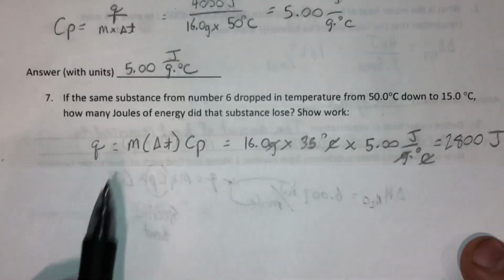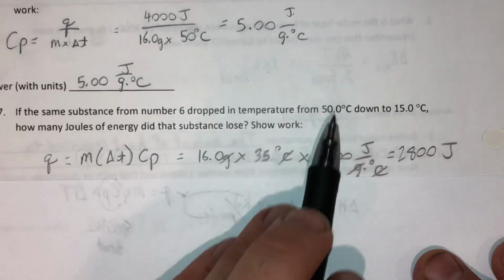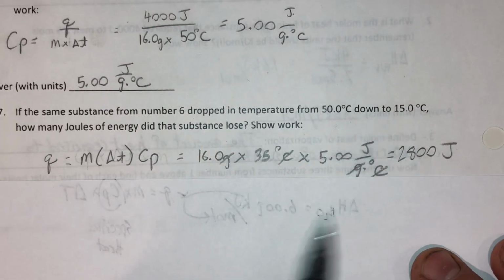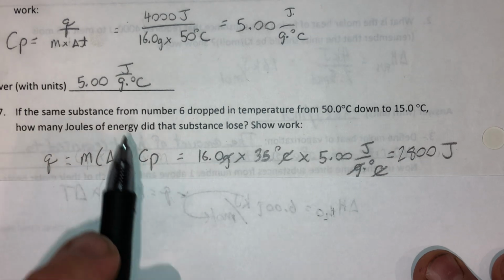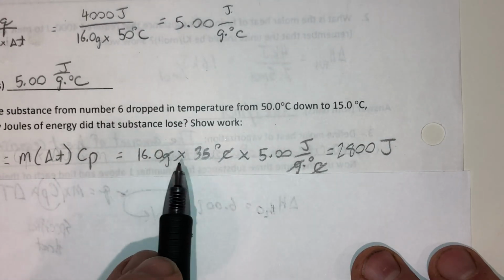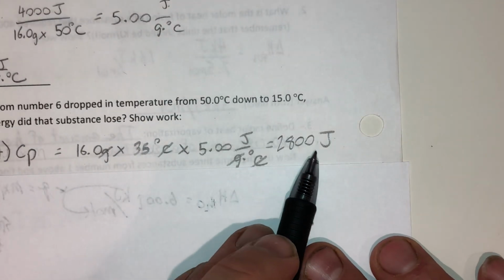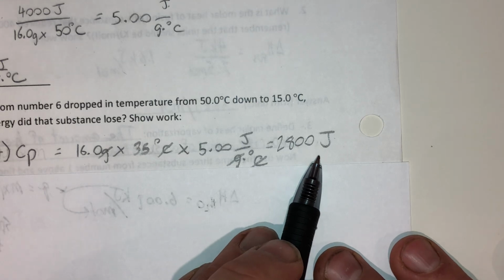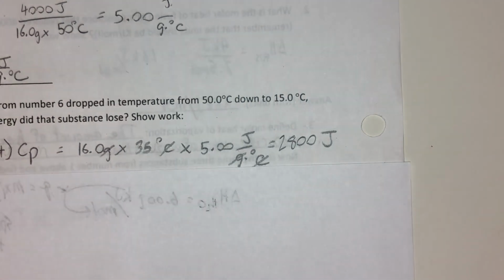Our change in temperature this time is 50 down to 15, that's a 35 degree change. And our Cp, which we just figured out, is 5. So we string all those together, 16 times 35 times 5, and that equals 2,800 joules. If we wanted to convert that to kilojoules, we could just divide by 1,000. That would be 2.8 kilojoules.